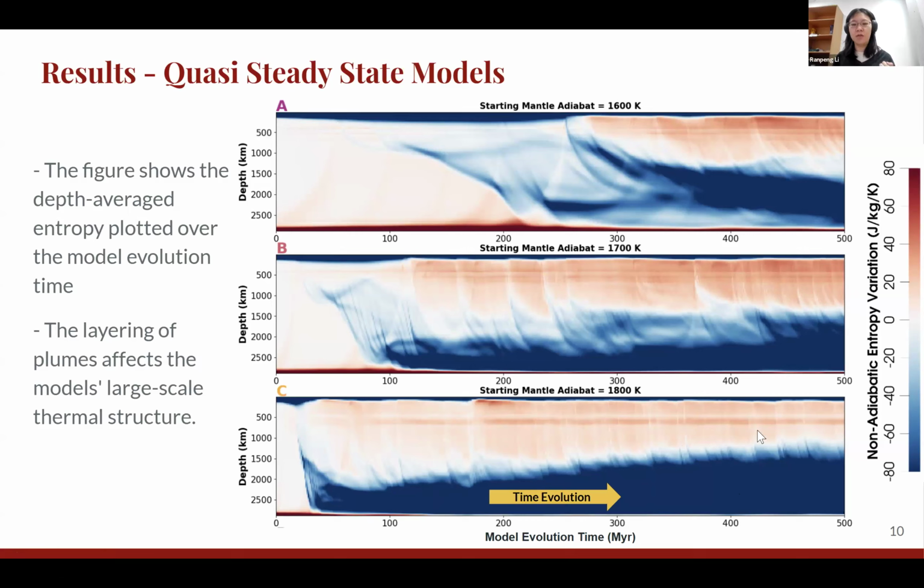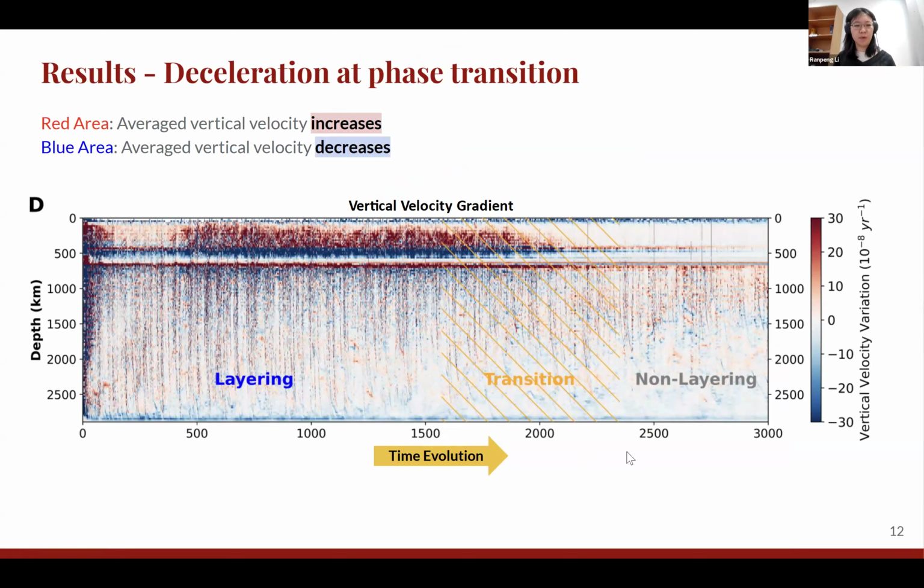So this gradual change can also be seen if we look at the vertical velocity of plumes. And that's what we are plotting on this diagram. That is the vertical velocity variations of plumes versus model runtime.